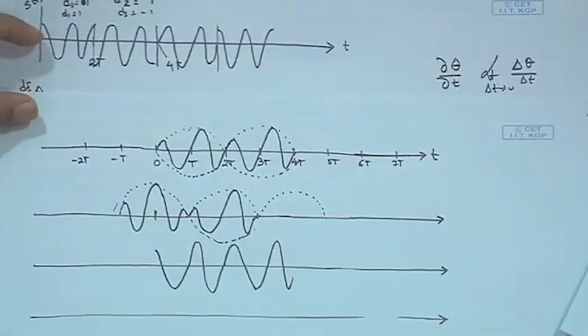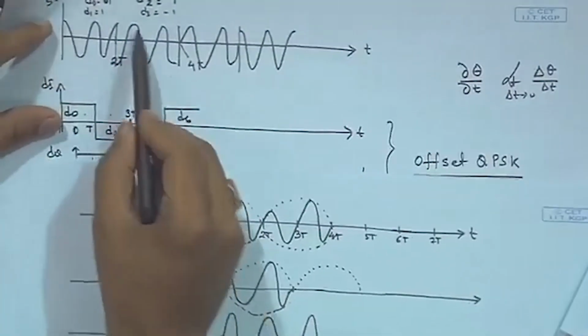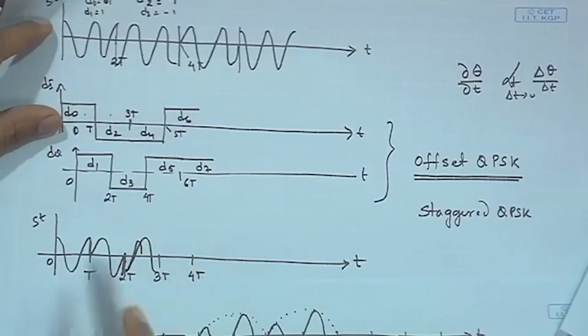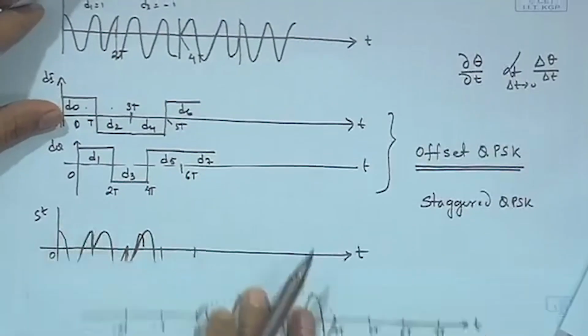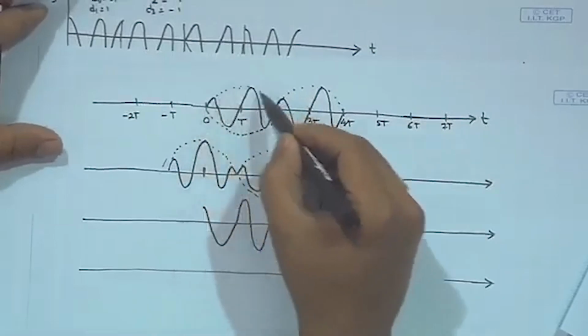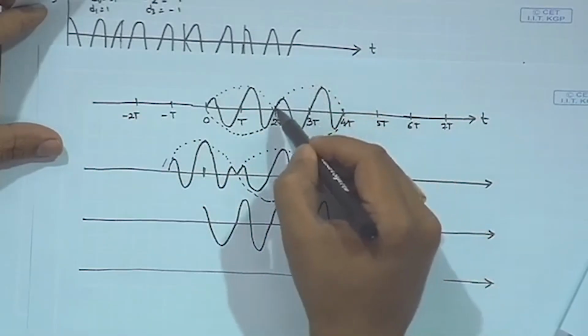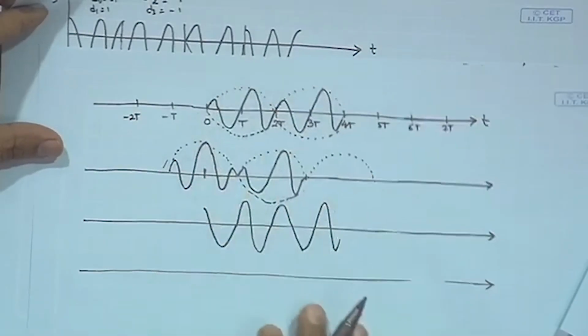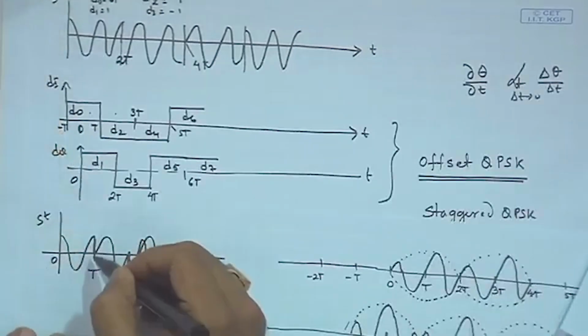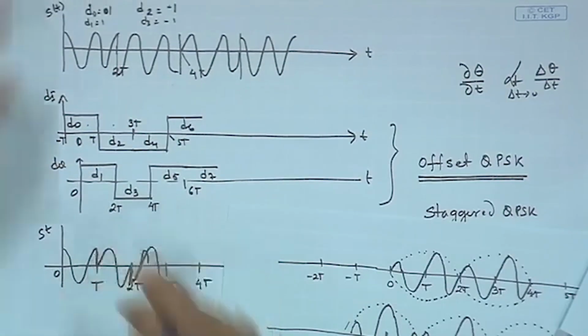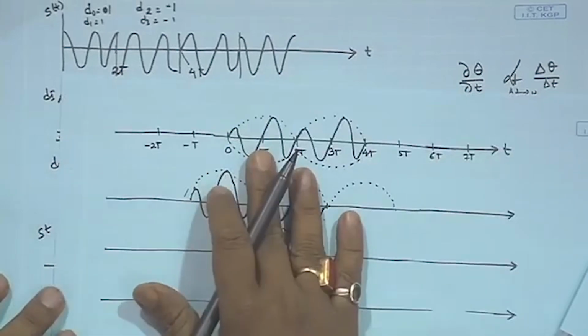So, the difference between these two is, here you have a rectangular pulse shape, whereas in the earlier case there is a half sinusoid pulse shape, right. So, the difference here is you still have a pi by 2 phase jump, but here that is completely avoided.